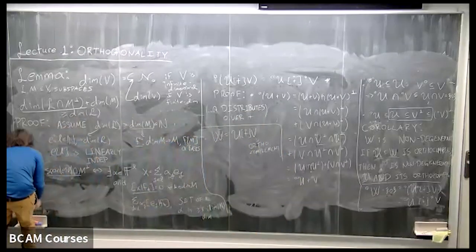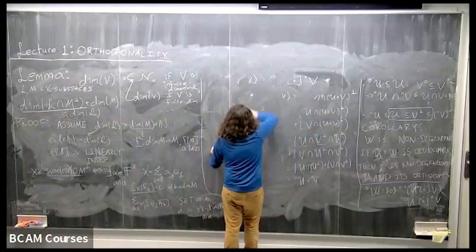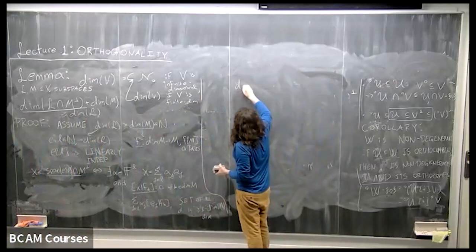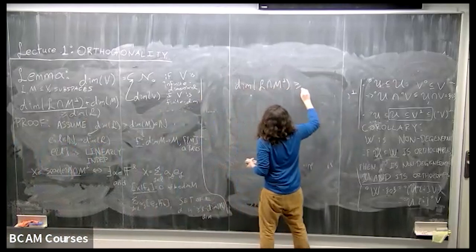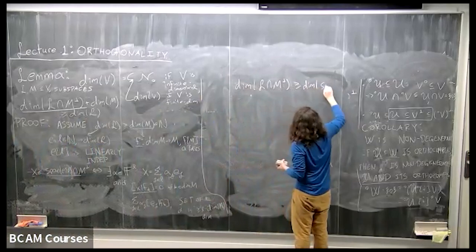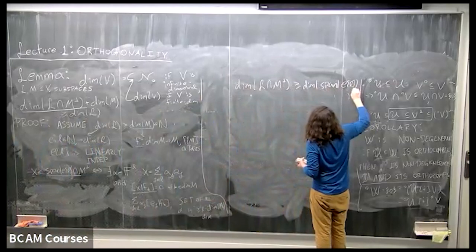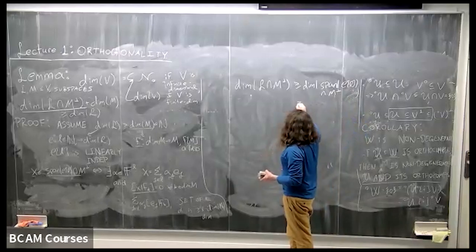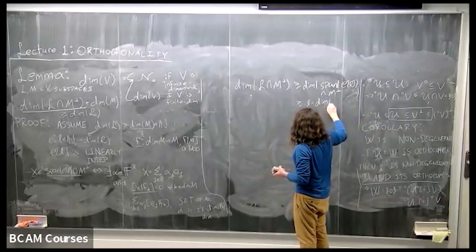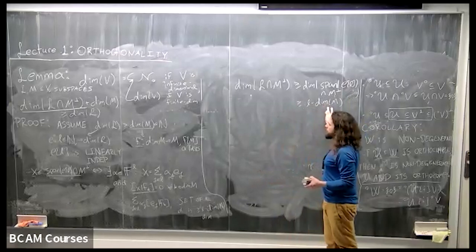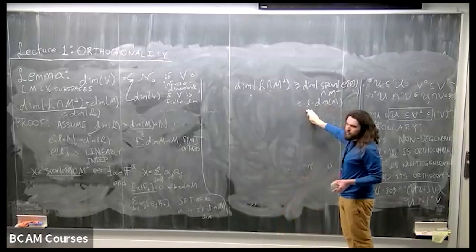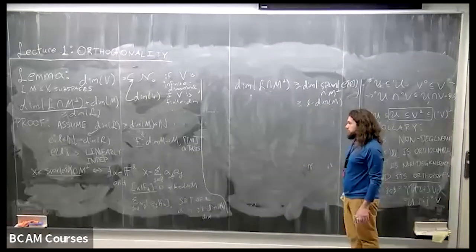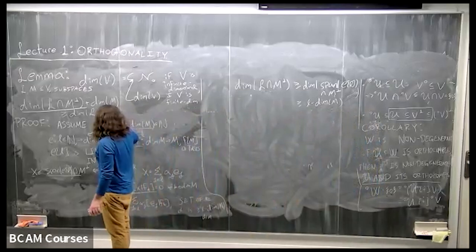So we have dim of L intersect m perp greater than or equal to the dimension of the span of the image intersect m perp, and we know that this is greater than or equal to L minus dim M. So if you just add dim M to both sides, then I know that this quantity is greater than or equal to some L for all L that's less than or equal to dim L. Then if you take a supremum over both sides, you get the desired inequality. Okay. This is something that's true.